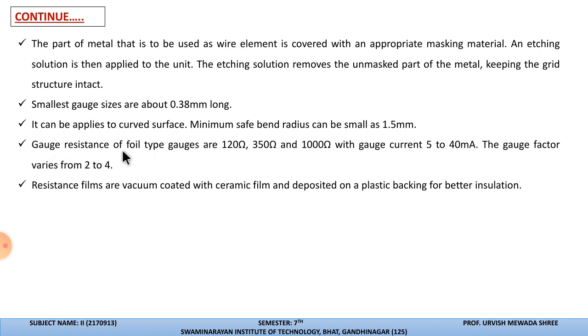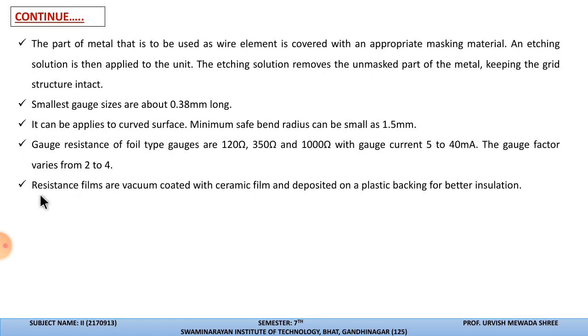Now the gauge resistances of these foil type gauges are basically 120 ohm, 350 ohm, 1000 ohm, the gauge current is 5 to 40 milliampere, and the gauge factor varies from 2 to 4. So this is the availability of such kind of strain gauge in the market.